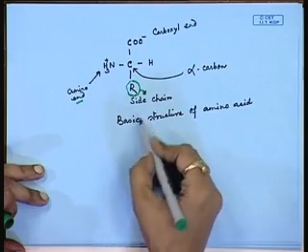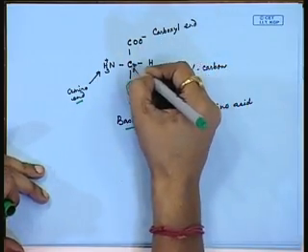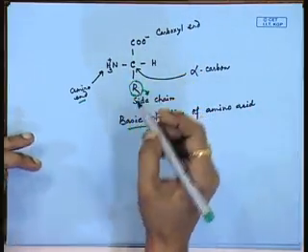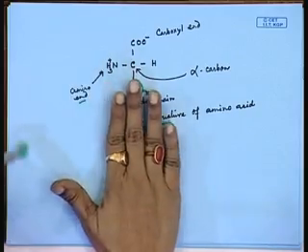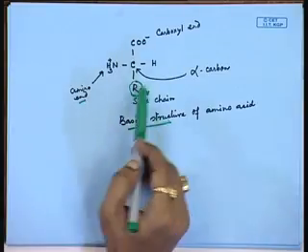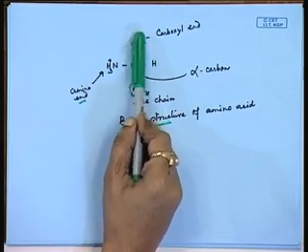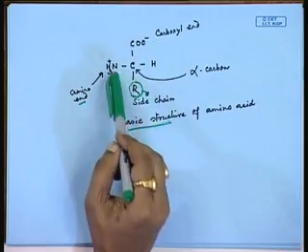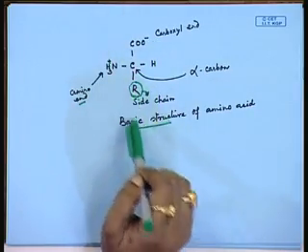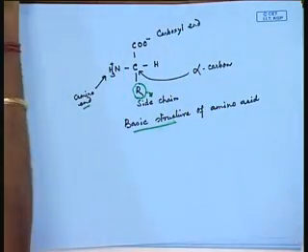This is the fundamental basic structure of any amino acid: this is the first carbon, then this functional carbon is the alpha carbon. One hydrogen is present, one carboxylic acid COOH group is there, one amino group is there, and the side chain R group is present in the basic core structure of the amino acid.